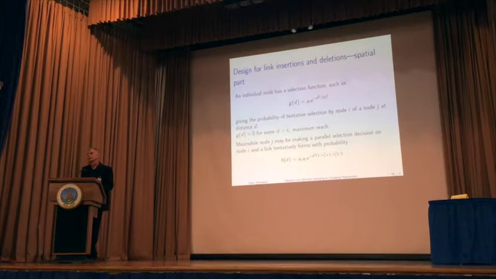And so where does the network come from in the first place? It's from people sampling. It's from one person making decisions about forming a link or not forming a link. And so we conceive of that in a social space.